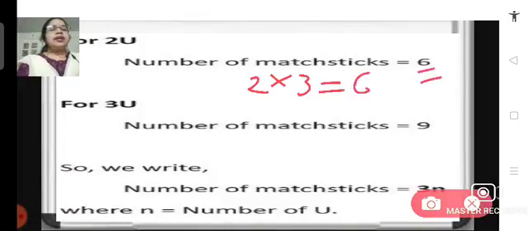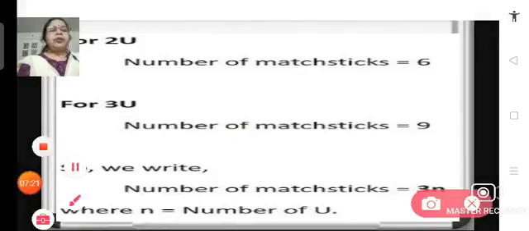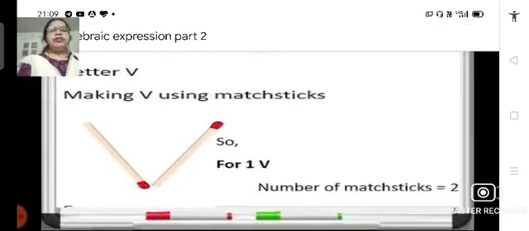And if we want to form 3 U's, then it will be 3 multiplied by 3, that means 9. So what general rule can we write for the number of matchsticks? It will be 3n. And what is n? N is the number of U's formed. So it is 3n for U.